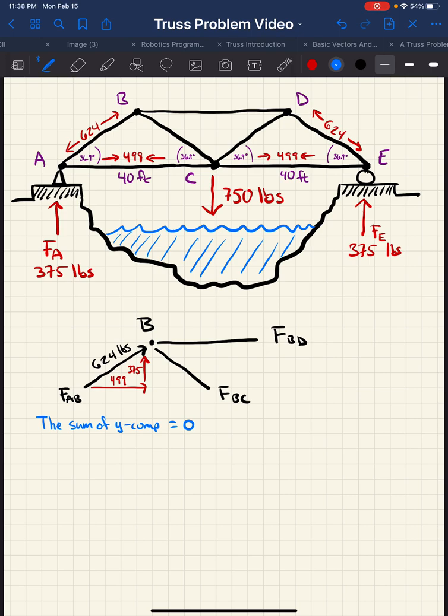So we know that net, it's not moving up and down. There's net 0 force up and down, which means FBCX is going to have to be counteracting that, which means FBC has that direction because that has to be 375 and that has to be 499 pounds.